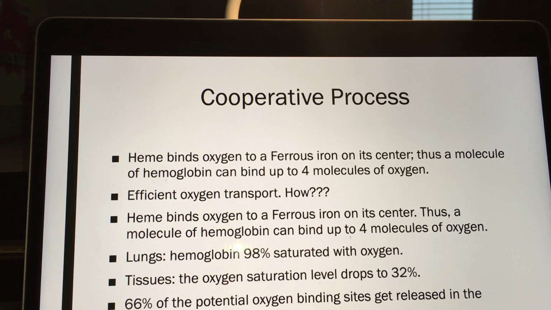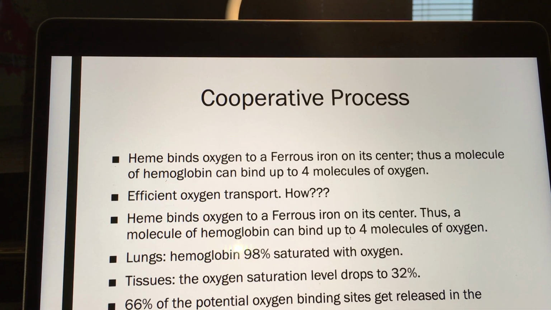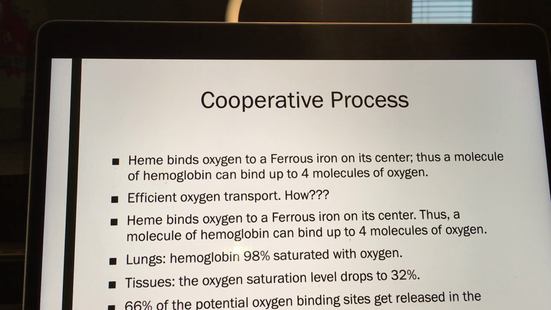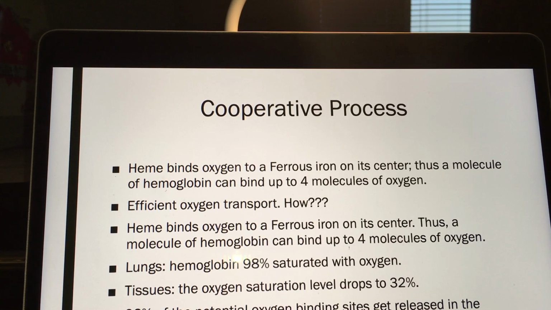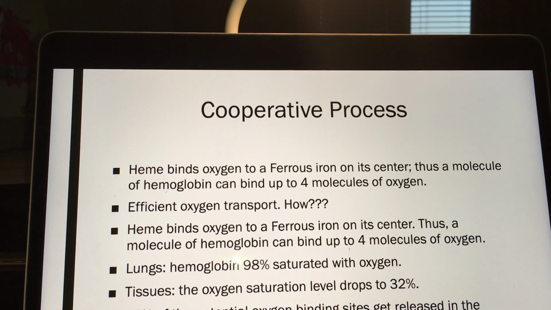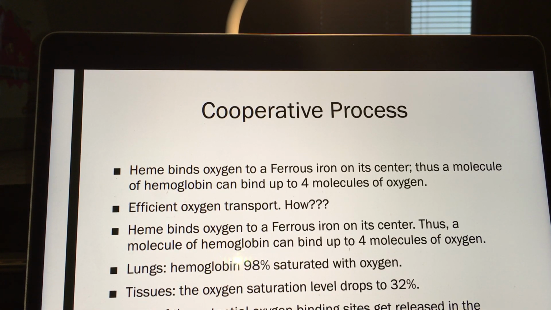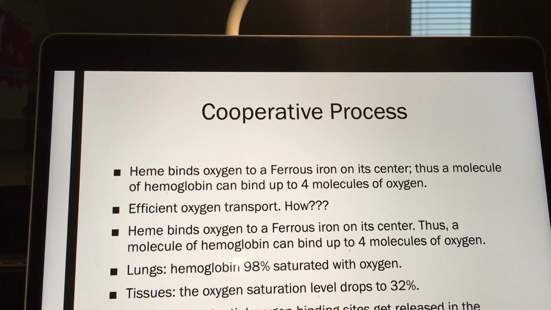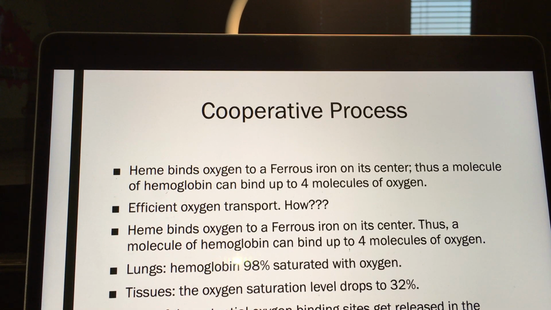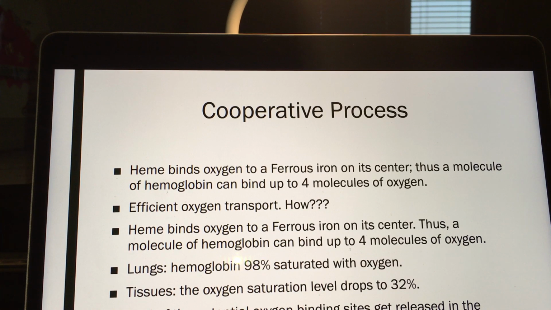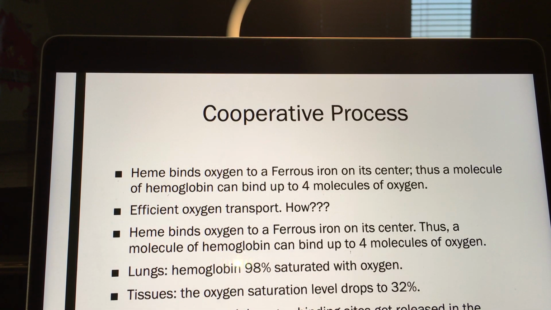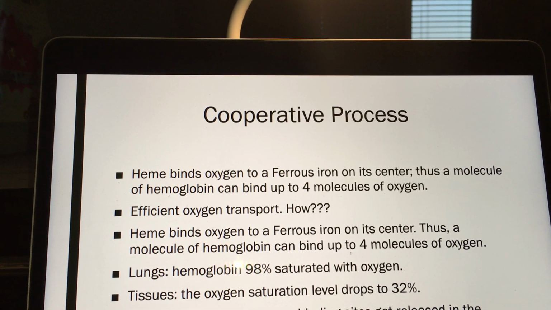We know that about 98% of hemoglobin is saturated with oxygen in the lungs, and the oxygen saturation drops to 32% in the tissues. So basically that 66% of oxygen gets released in the tissues.